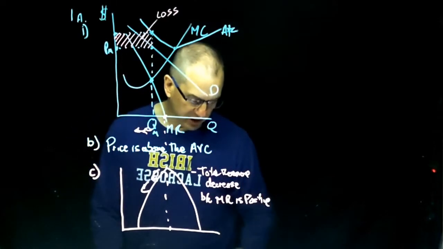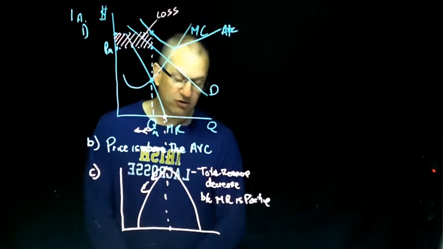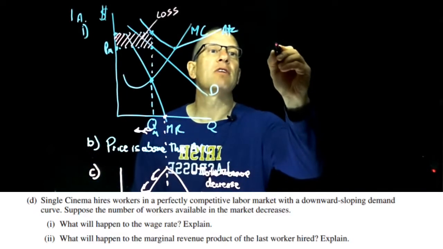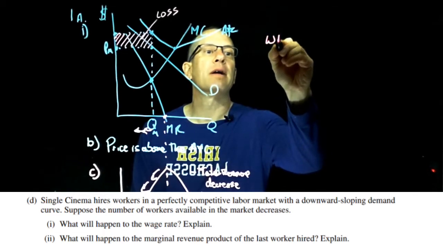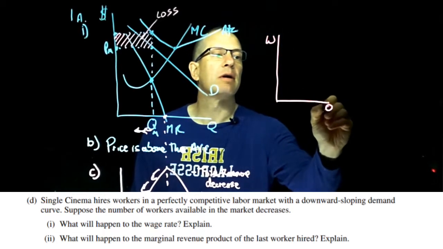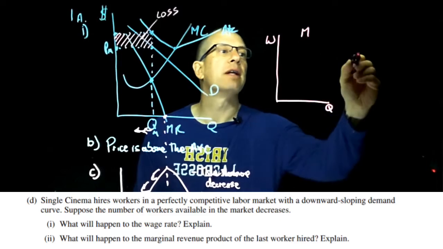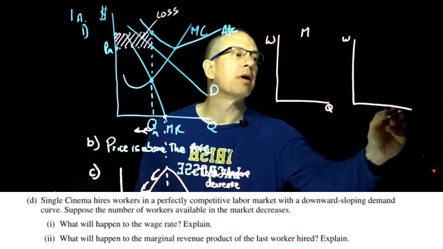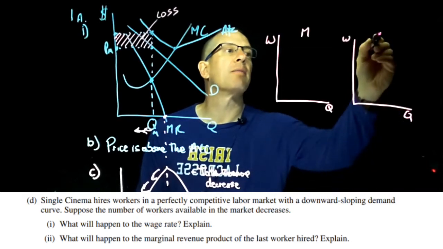D asks the question, the single cinema hires workers in a perfectly competitive labor market. So let's look at the labor market real quick. Here's wages and quantity. This is the market, a perfectly competitive labor market, and this is the firm.